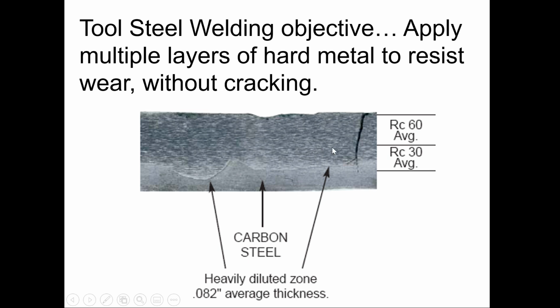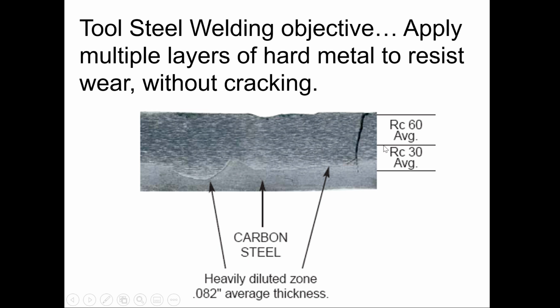Here's a good example. I want to talk about a term here known as dilution, because this is diluted. When we do our TIG welding, when we do our tool steel welding, there's plain carbon steel possibly underneath it, or a tool steel of some kind. And we have to put layers on. Now, in this particular case, it's just carbon steel.